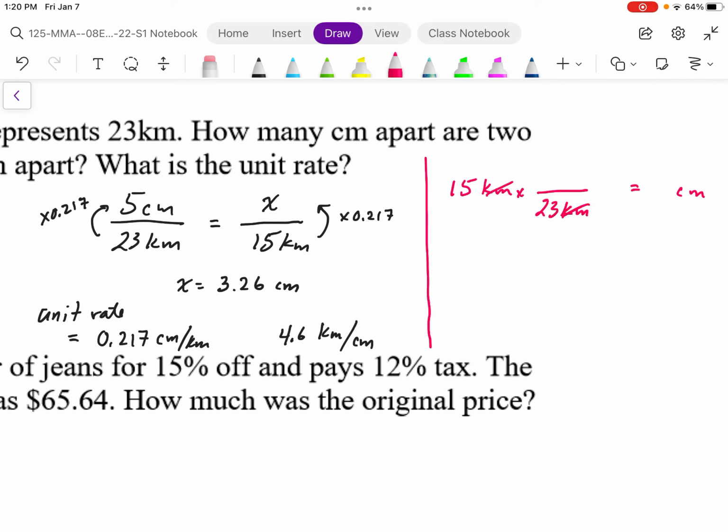That needs to be in the denominator, and the 5 centimeters needs to be in the numerator. And if I do times on top, divide on bottom, I go 15 times 5, divide by 23. That's going to give me the exact same answer of 3.26. Now, this again is a different strategy. This is a multiplying strategy, and it's called unit analysis.